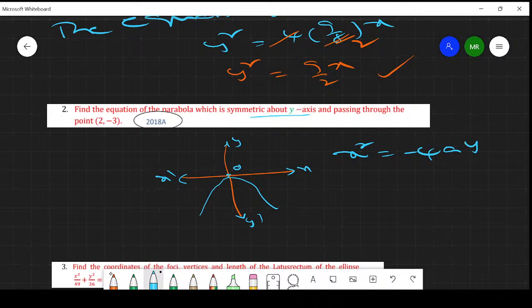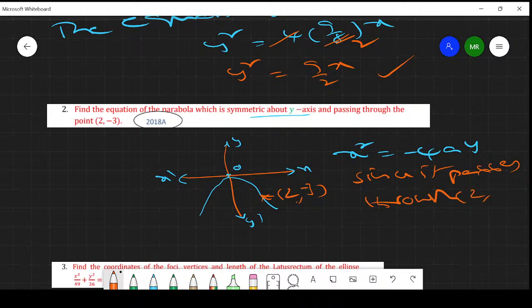This parabola passes through the given point, let it be (2, -3). Since it passes through (2, -3), substitute (2, -3) in the equation.